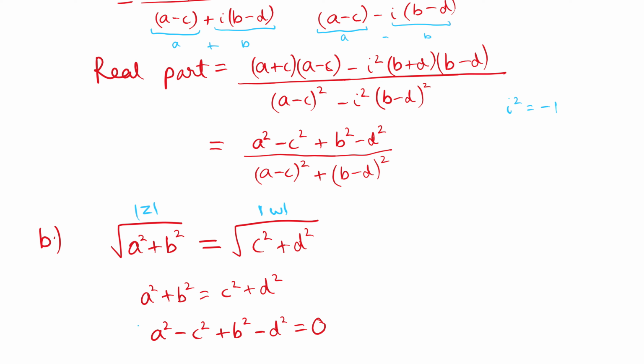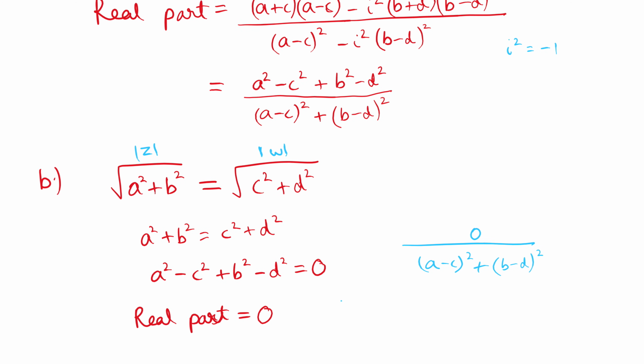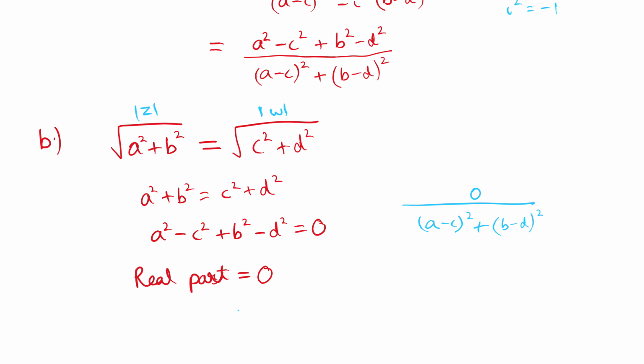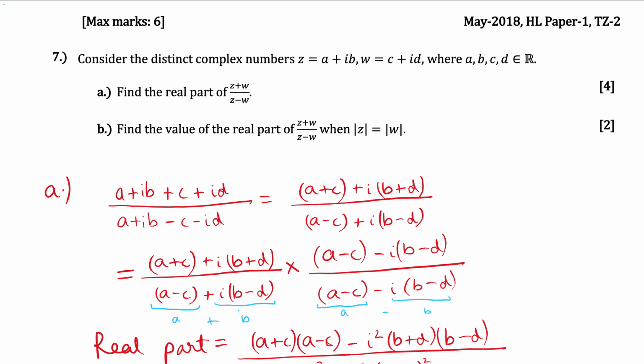Now notice that this expression is also the numerator of the real part. So basically what we have is 0 upon (a - c) whole squared plus (b - d) whole squared, because we know that the numerator is equal to 0. So we can say that hence the value of the real part is equal to 0. And this is the answer to question number 7.